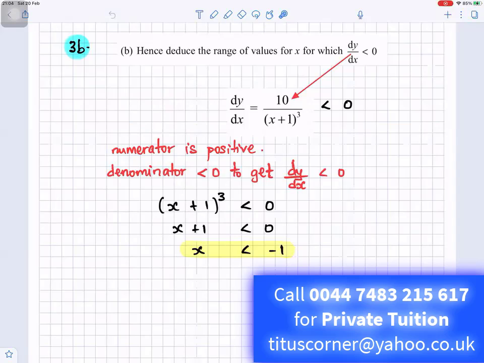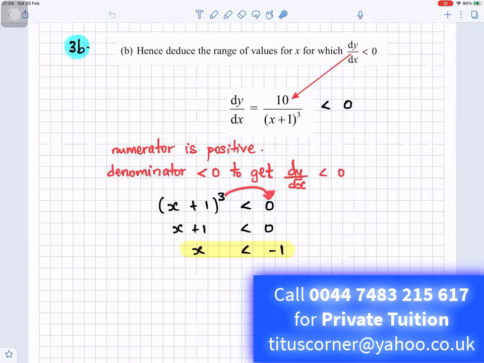If we want all of this to be smaller than 0, to be negative, all we can change is the denominator, because the numerator is always positive 10. So the denominator has to be less than 0. So that means (x plus 1) cubed has to be less than 0.